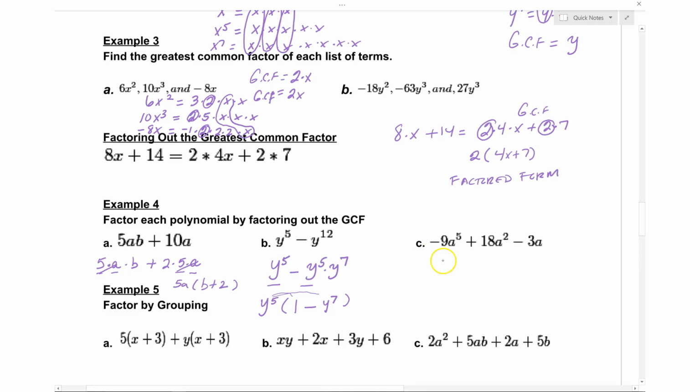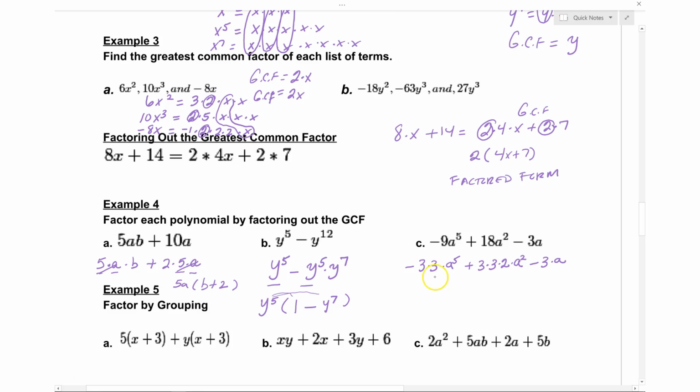So if I look at C, I have negative 3 times 3 times a to the 5th plus 3 times 3 times 2 times a to the 2nd minus 3 times a.